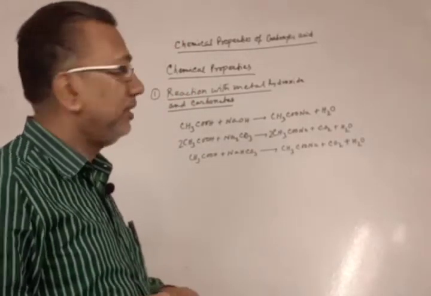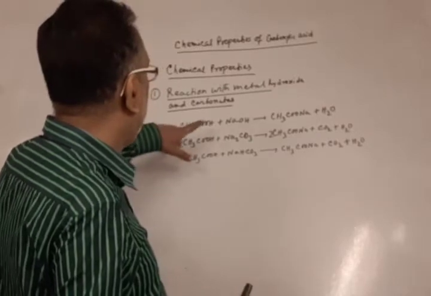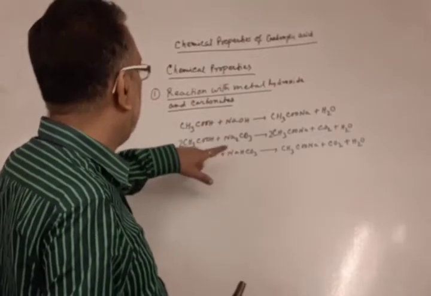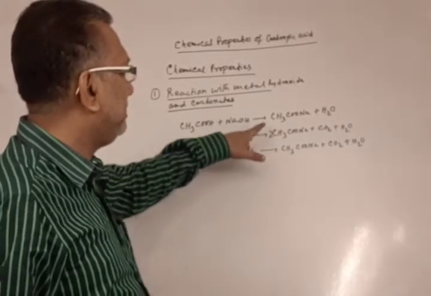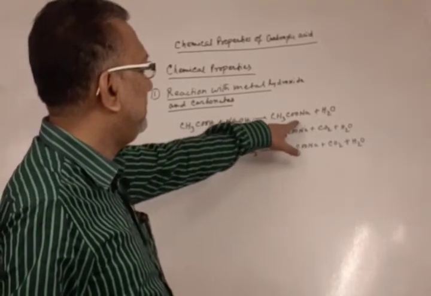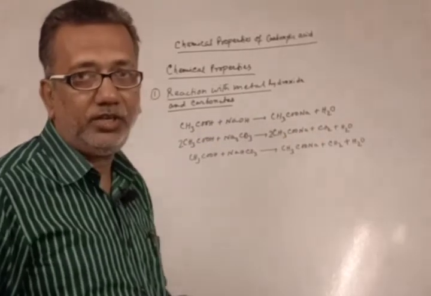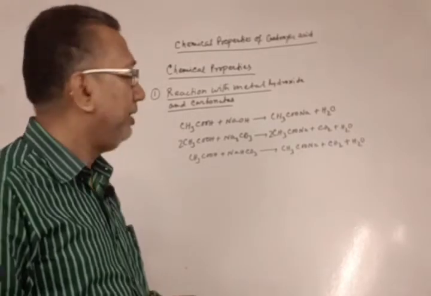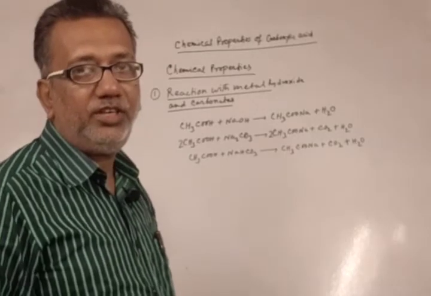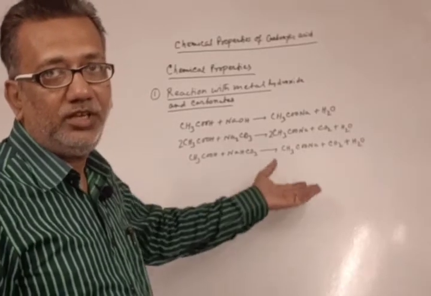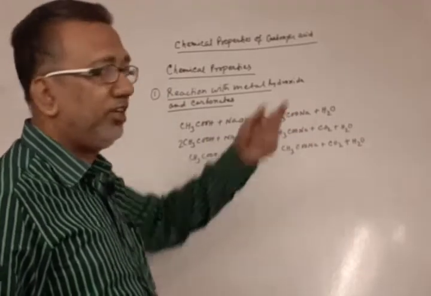So these are the reactions generally with sodium hydroxide, sodium carbonate and sodium bicarbonate. In one case it is the corresponding acetate and water, and in the other the corresponding acetate, carbon dioxide and water. Similarly, if we take the corresponding magnesium salt, we get magnesium acetate, and magnesium acetate, carbon dioxide and water.